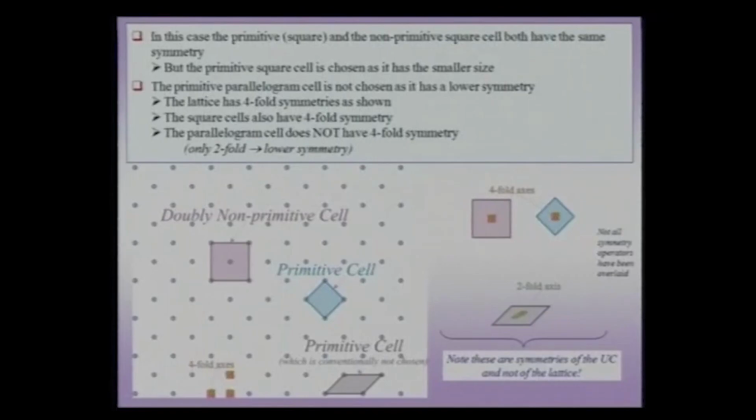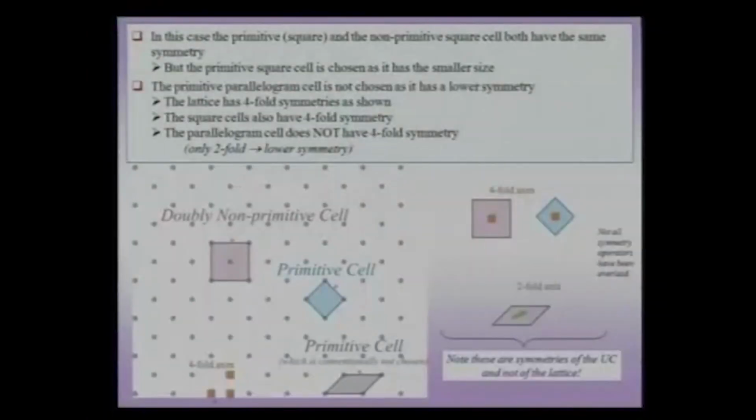Therefore we would definitely not choose the parallelogram unit cell, even though its size, size in this case implying area, is identical to the primitive unit cell. For the sake of understanding, I have also drawn some of the four-fold axes of the lattice on the same figure.